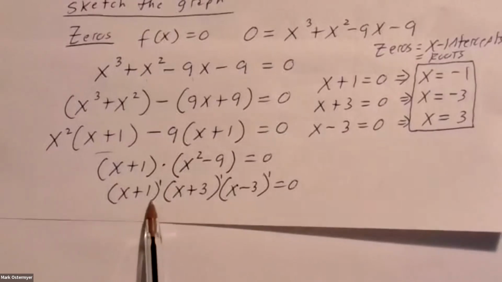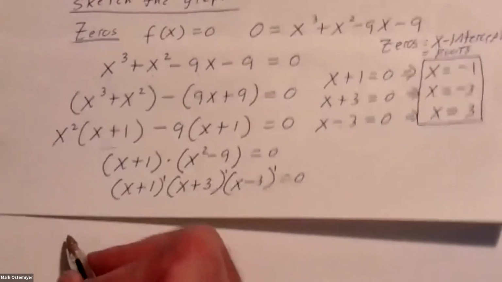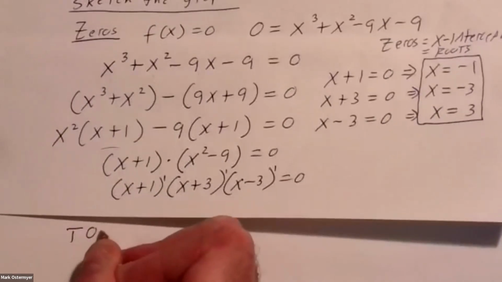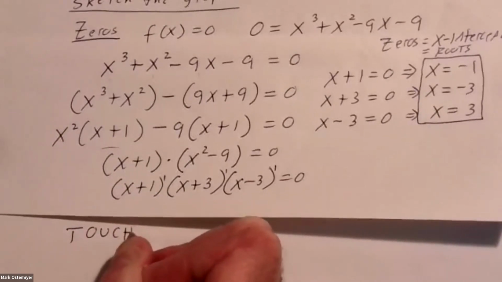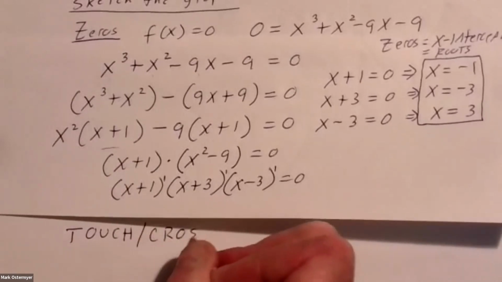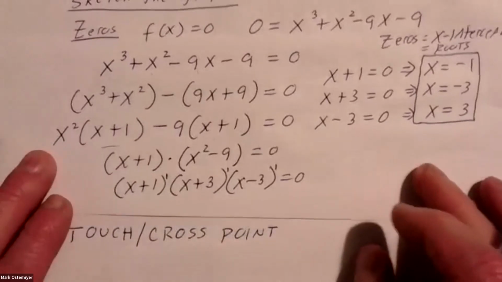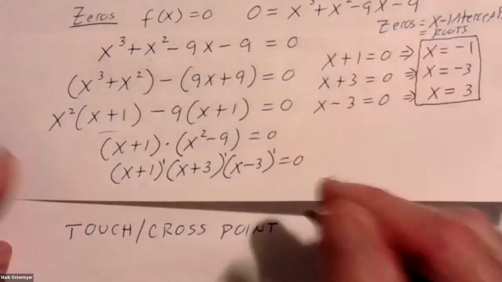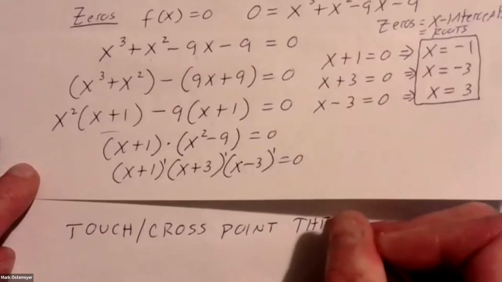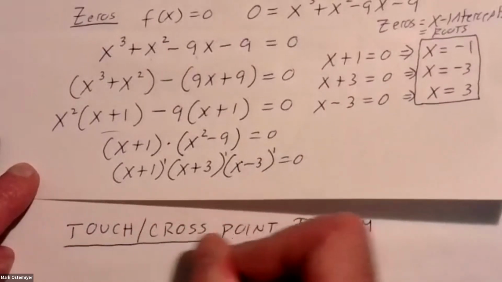But I think now would be a good time to look at a very important theorem, which is called the touch or cross point theorem. All theorems are valid, proven statements in mathematics.